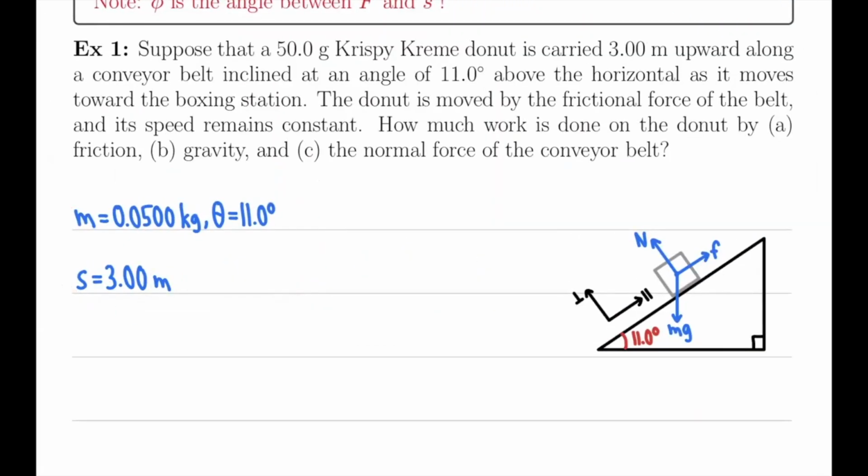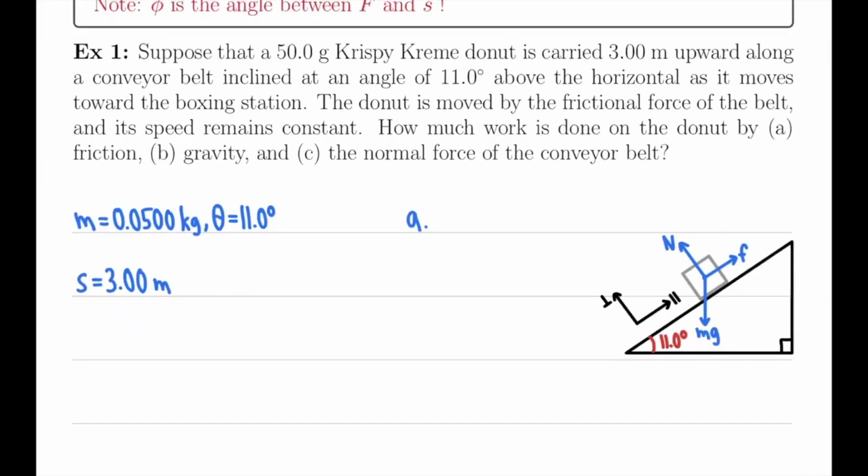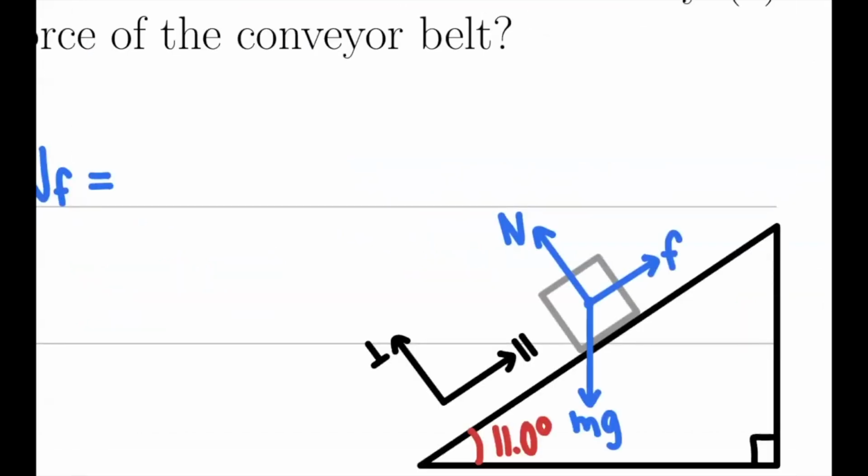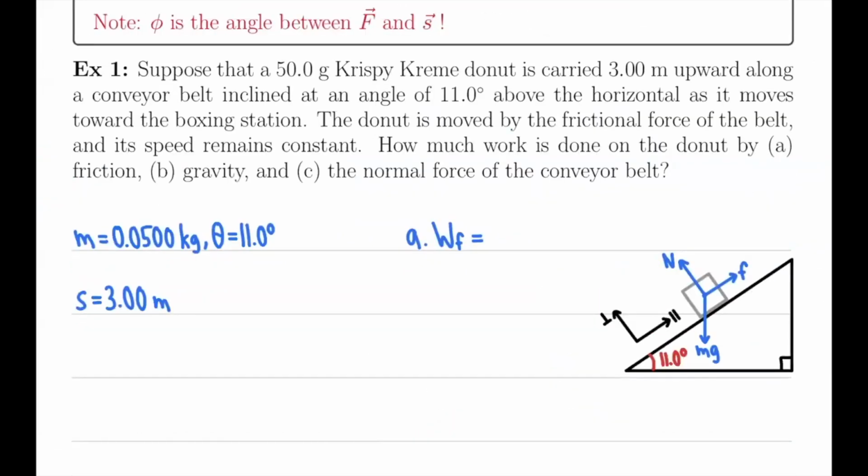Okay, let's do part A. We're trying to find the work done on the donut by friction. I'm going to call that W subscript f. Is the frictional force constant, or is it changing as we move along the conveyor belt? It is indeed constant.